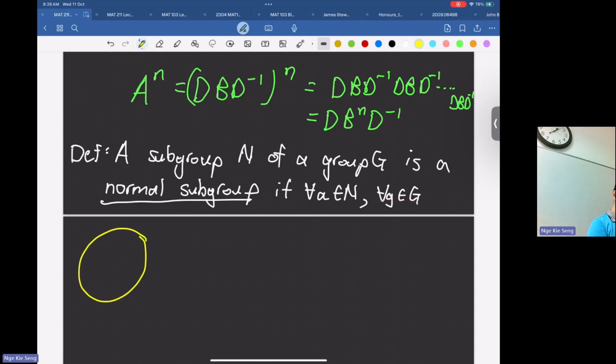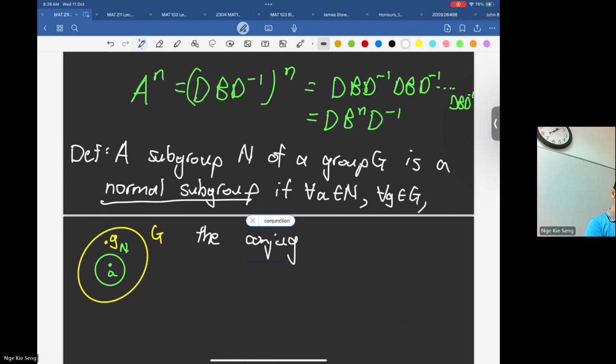You have a G, and then you have an N, all the elements here, and you take the g outside N. The condition is that the conjugate g n g inverse has to be in N.